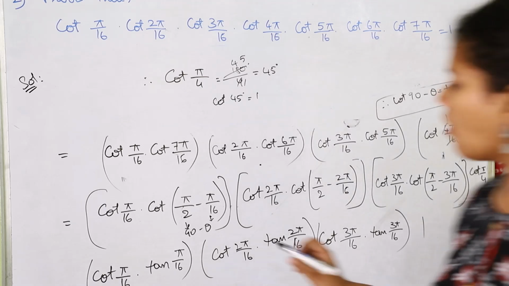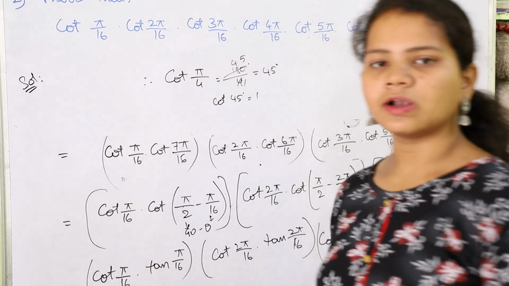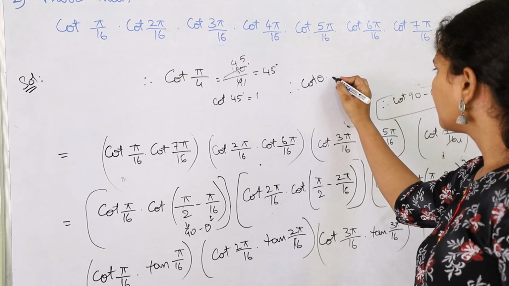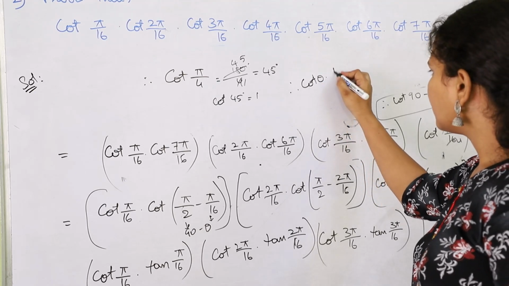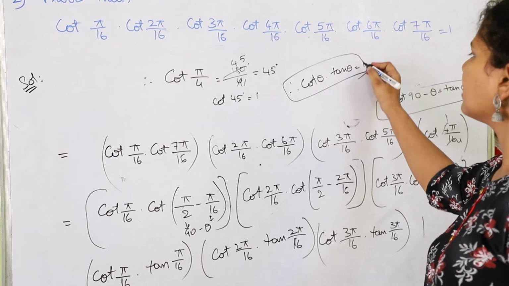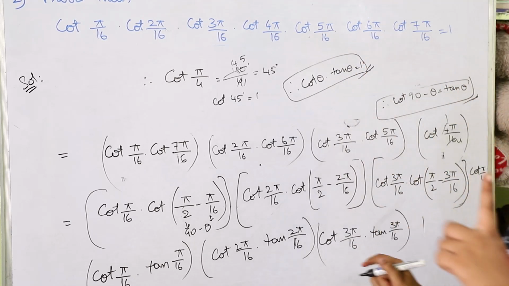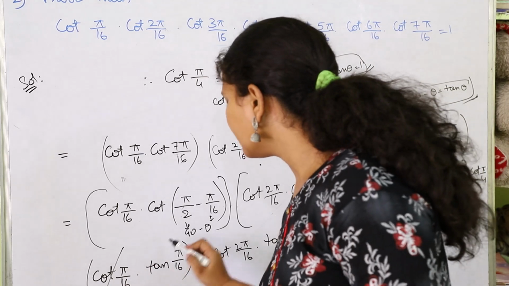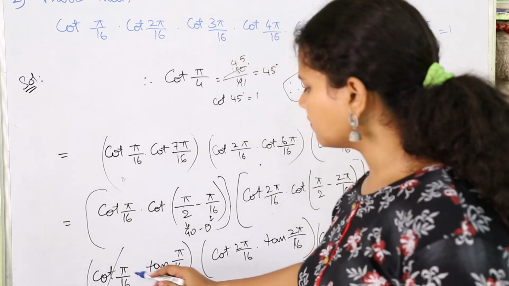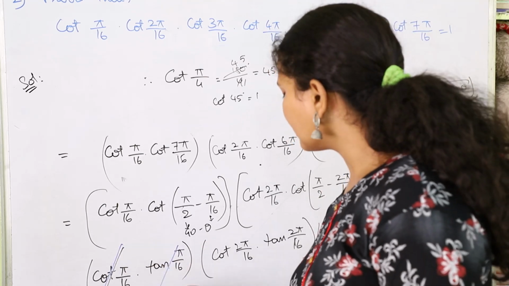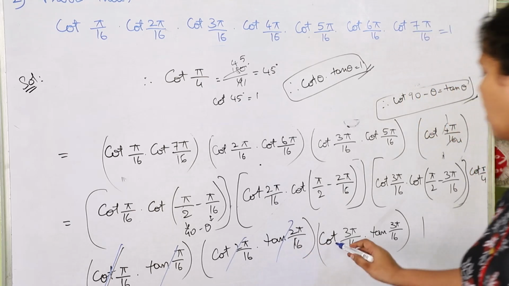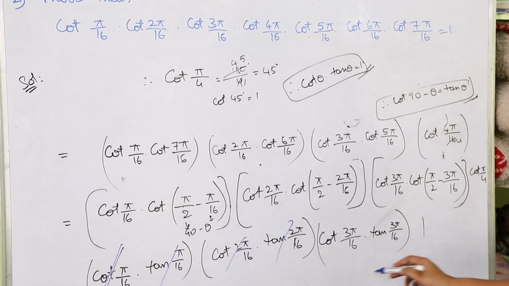Clear? Now cot theta into tan theta equal to what? We know another identity: cot theta into tan theta equals 1. So cot theta and tan theta get cancelled. Cot 2 pi by 16 into tan 2 pi by 16 gets cancelled, and cot 3 pi by 16 into tan 3 pi by 16 gets cancelled.